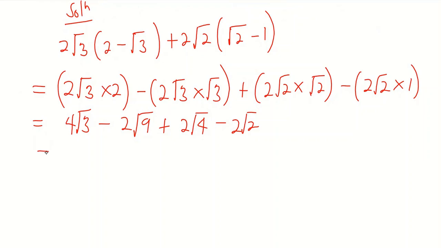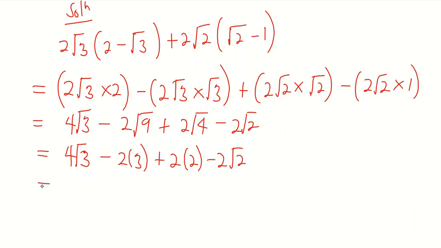So this becomes our solution. Now we can break it down. We have 4 square root of 3 minus 2 square root of 9, here is 3, plus 2 square root of 4, is 2. We have minus 2 square root of 2, which means our solution now becomes 4 square root of 3 minus 6 plus 4. We have minus 2 square root of 2.